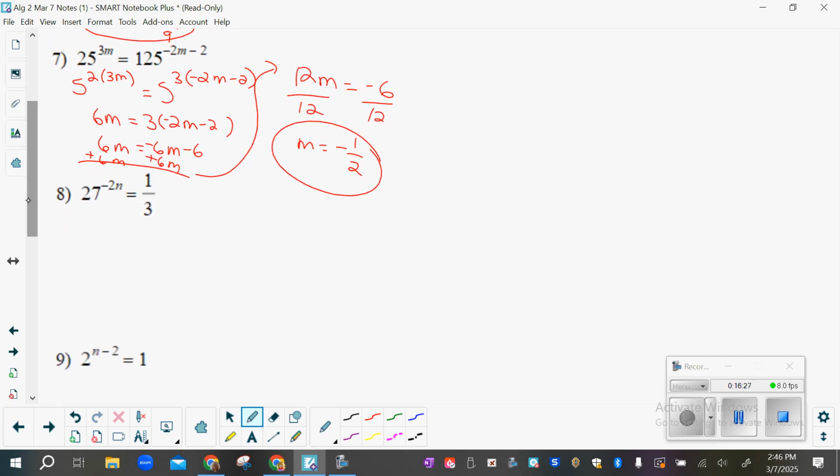Okay. So I've got a fraction here. I want to change that fraction. Can I make this fraction equal to 3 to some exponent? 3 to what exponent would be 1/3?